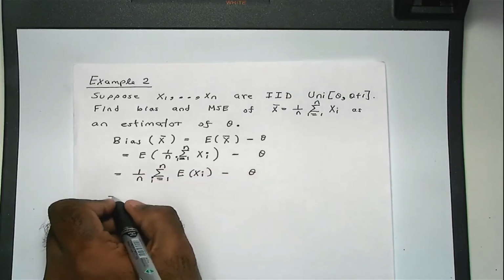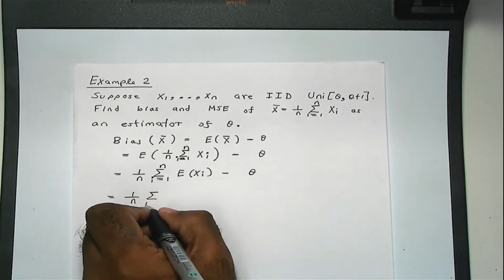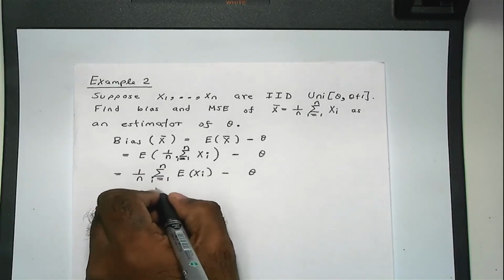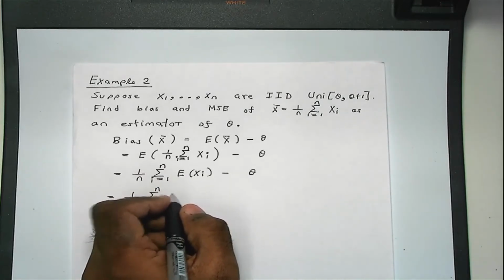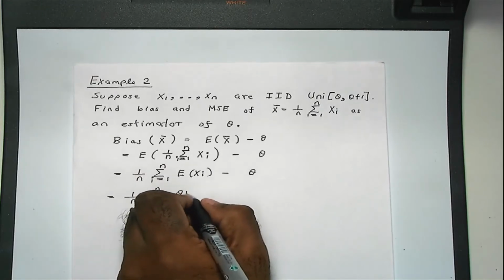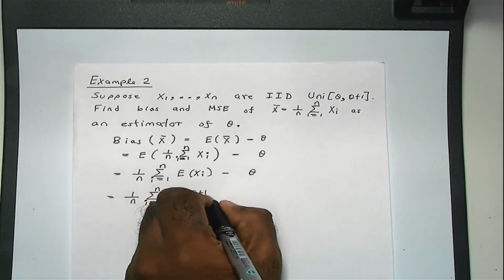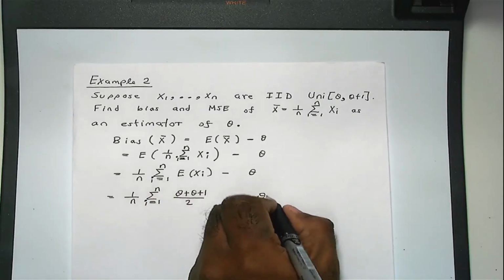Now you may recall that for a uniform distribution, the formula for the expectation is a plus b divided by 2, which in this case is theta plus 1 divided by 2. Okay.